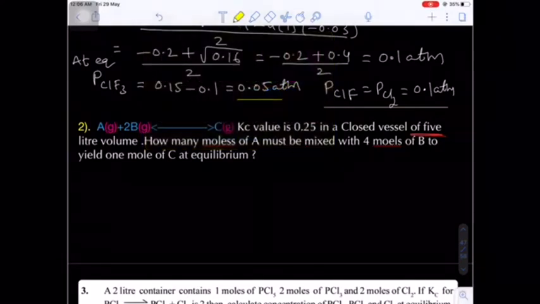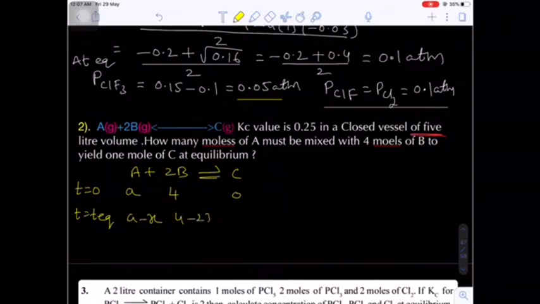First of all, write the reaction: A plus 2B in equilibrium with C. Now let's suppose the initial condition, we don't know how many moles of A. Let's suppose small a moles of A is added to small b moles of B. Initially we don't know how many moles of C will be present. But when the reaction tends to equilibrium, let's suppose x moles of A decompose.